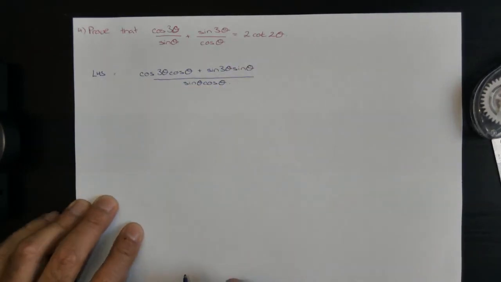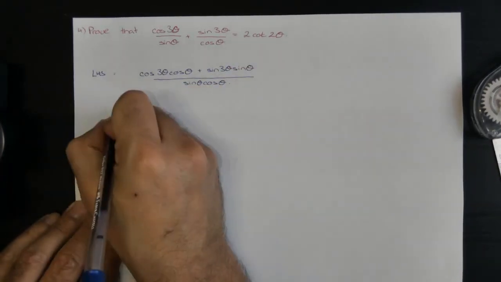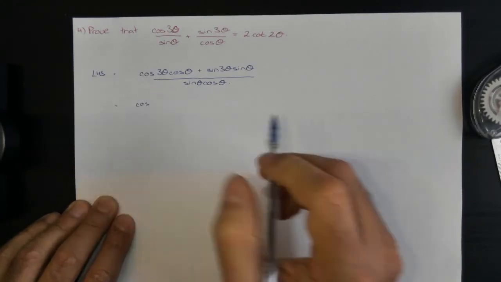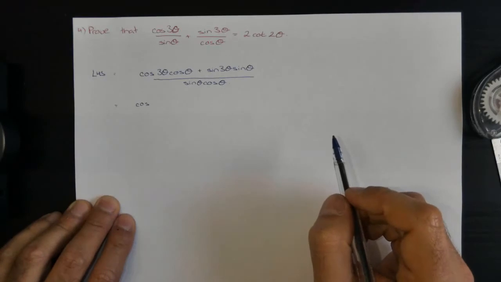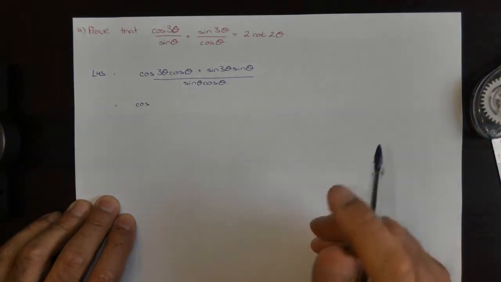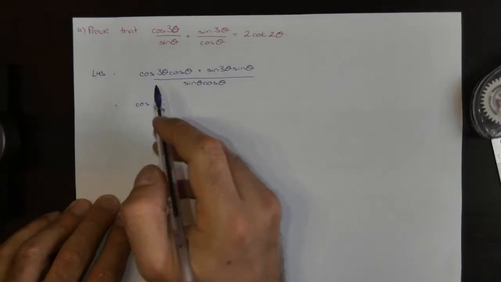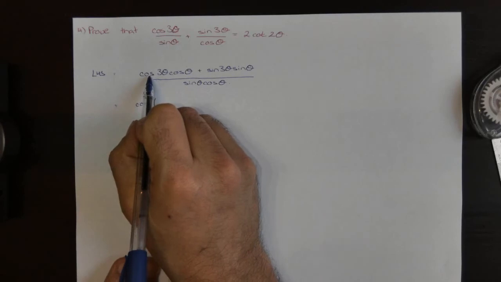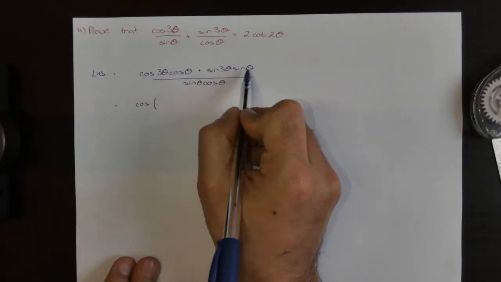Okay. And we can write it like this. Before I do that, notice this: cos cos, sine sine, they're the same.